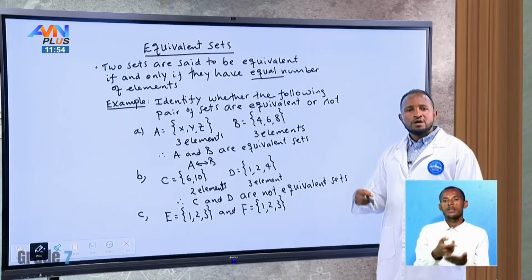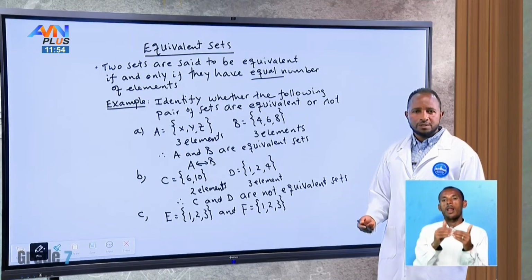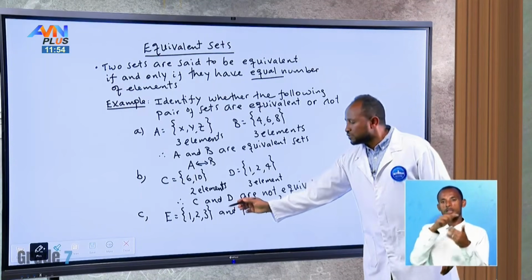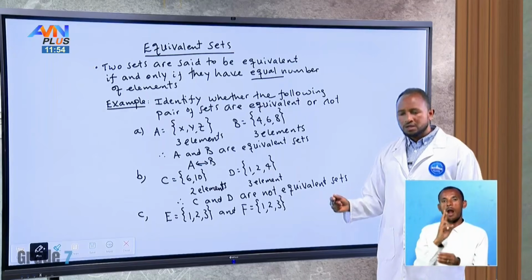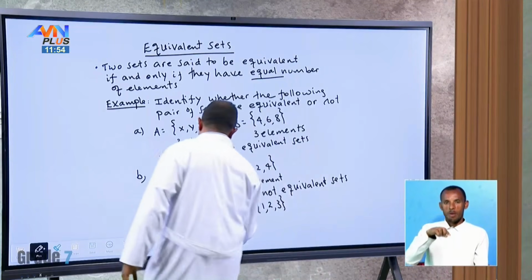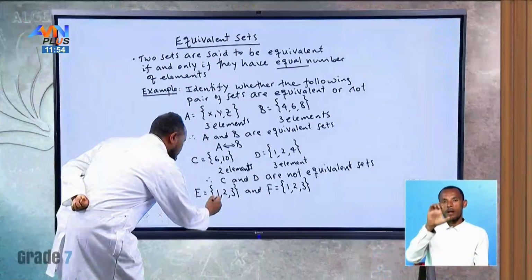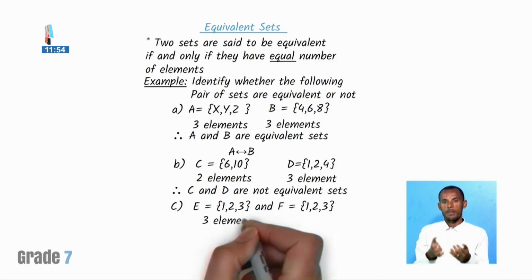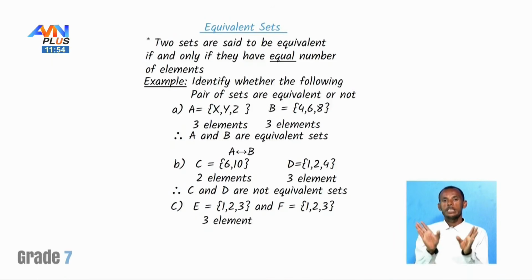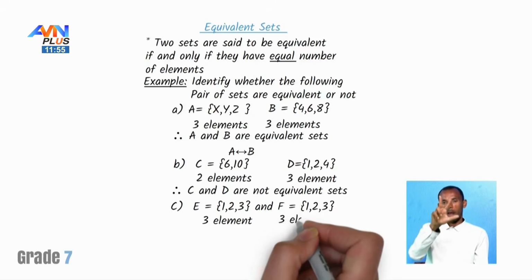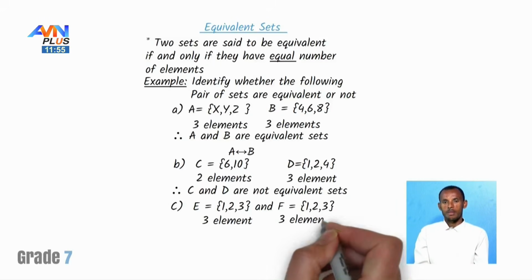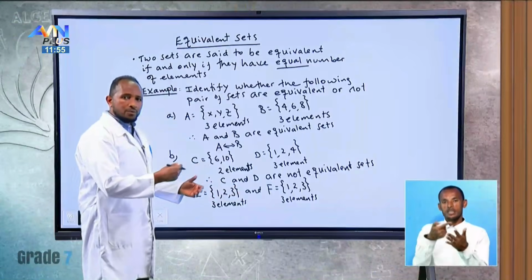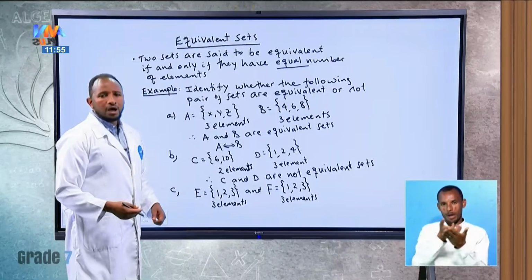They have equal number of elements. Therefore, these two sets are equivalent. So here, set E contains 3 elements. Again, set F contains 3 elements. Since they have equal number of elements, the two sets are equivalent.